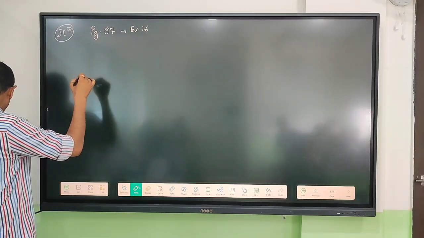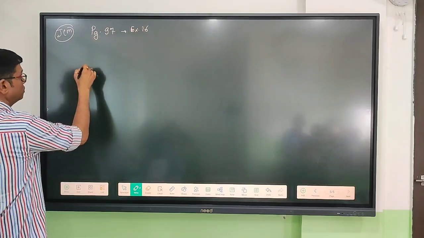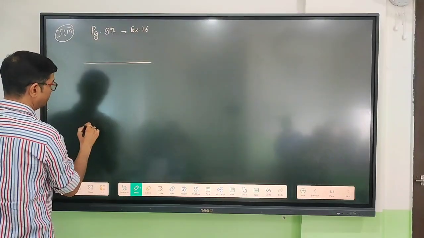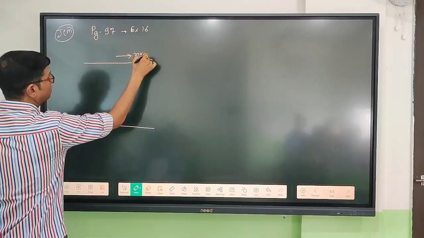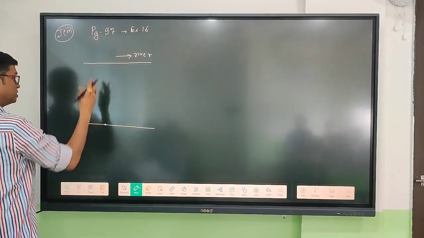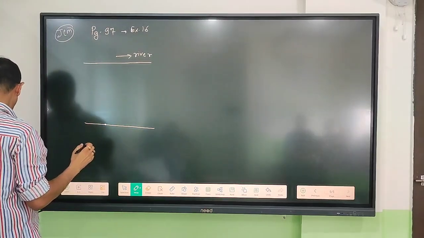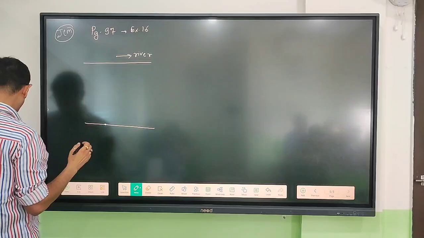The engine of a boat drives. So this is a river. Now you have to cross this river. Velocity of boat.